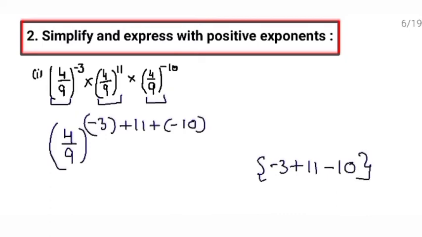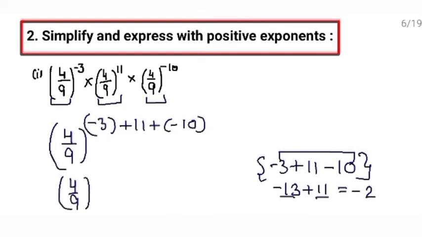Solve it. Both minus 3 and minus 10 make minus 13, plus 11. Signs are opposite, so the values will be subtracted. This is 2 and the sign will be of the greater numeral, which is minus. So it will now be 4 upon 9 raised to the power minus 2.